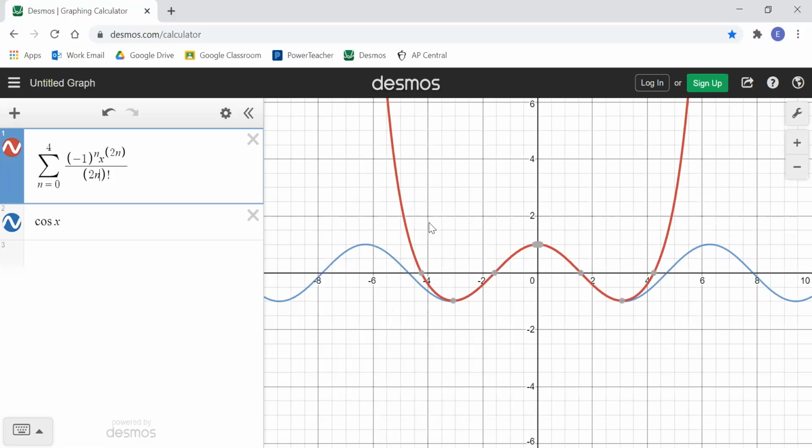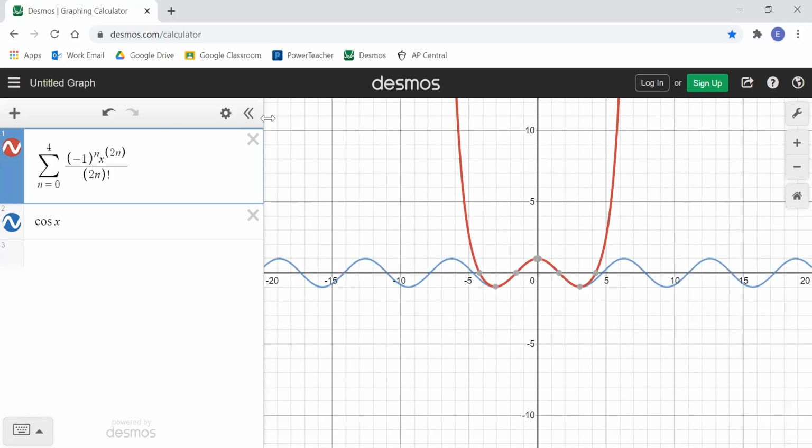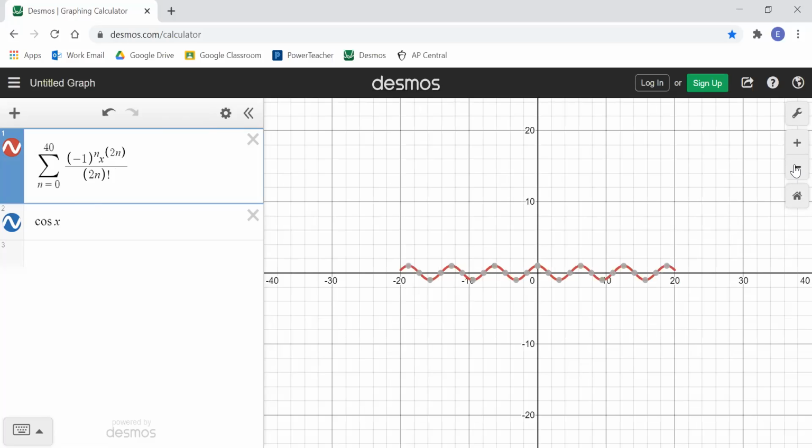We can see that instead of our sine function, it starts looking like our cosine function. If I put in 40 there, for everything I can see on the screen, it looks pretty much perfect. And obviously, if I zoom out, we'll see where it diverges somewhere around 30 something probably.